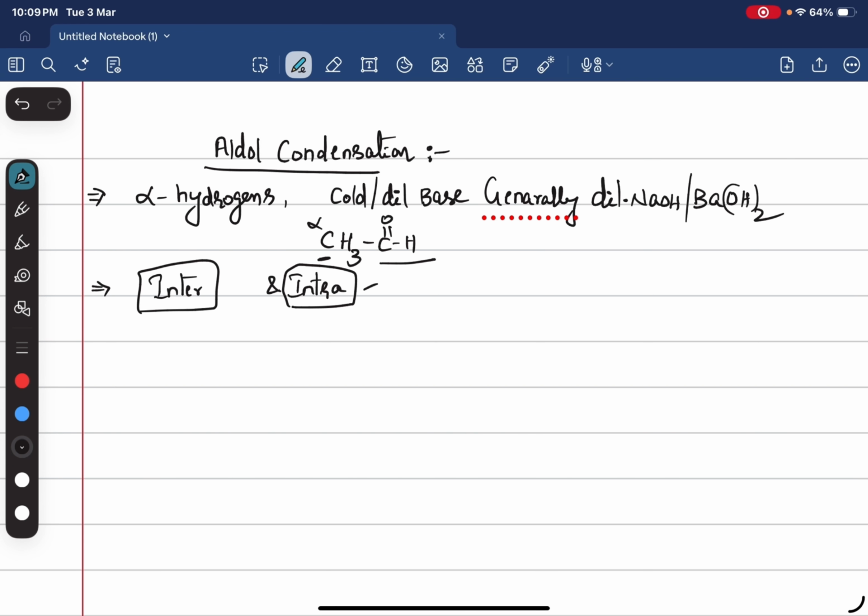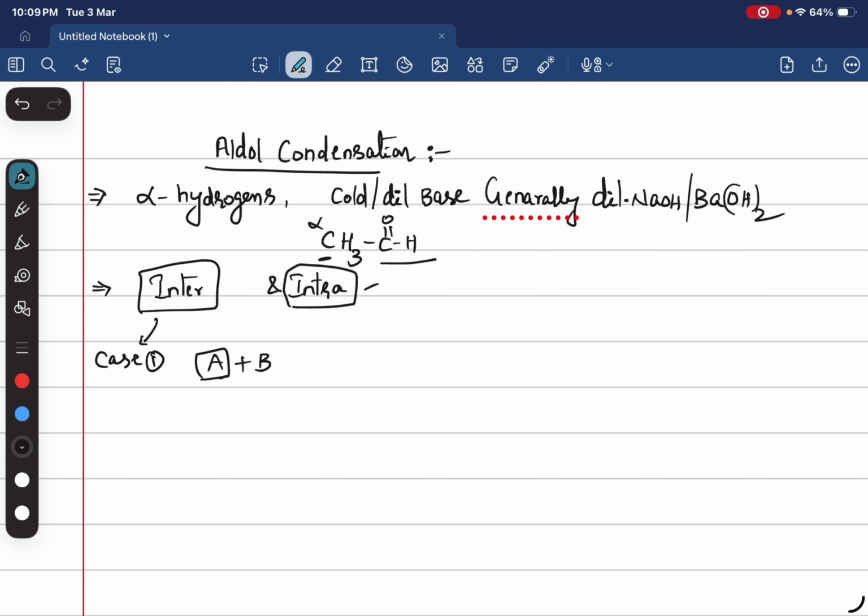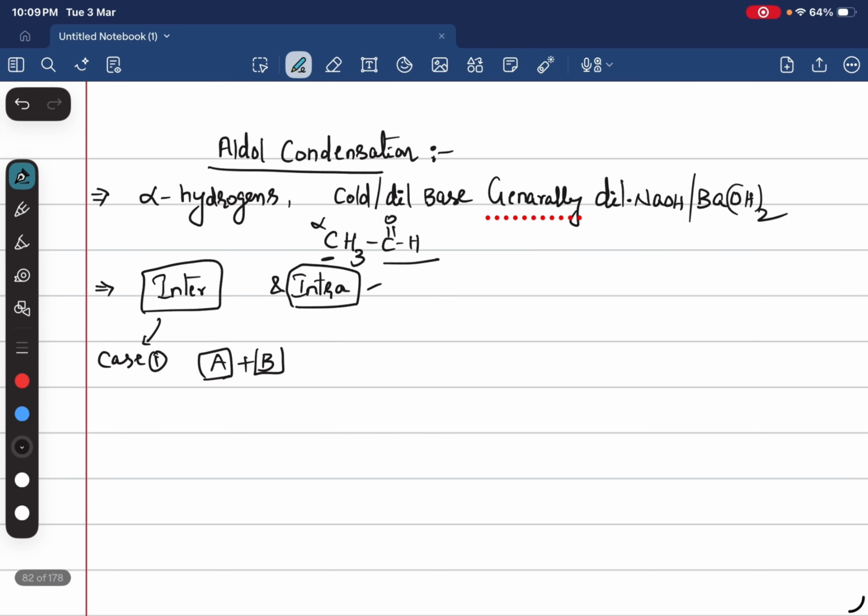Under inter, again some cases. Case 1: here two carbonyl compounds are involved in the reaction. Let's take A and B. Suppose A and B both have alpha hydrogens.